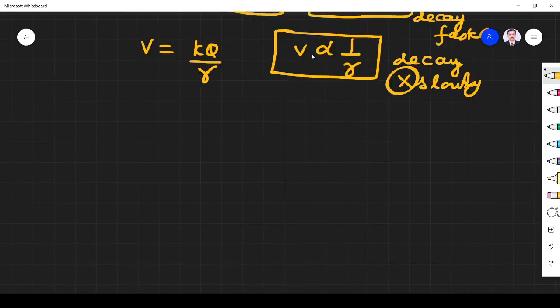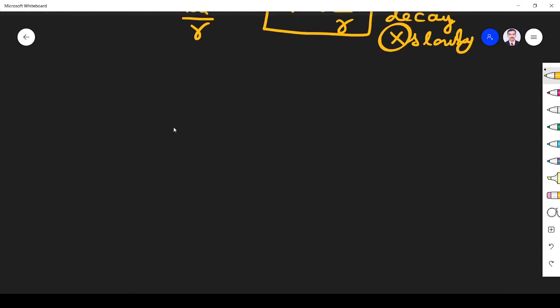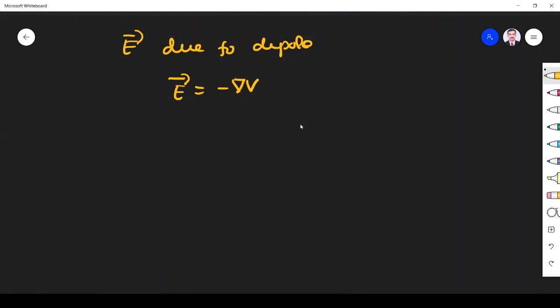Now we will see what is the electric field due to dipole. So we got the potential. To find the E due to dipole, what we have to do? We know one simple formula, the relationship between E and V: E is equal to minus del V. It is a potential, so we go for spherical symmetry. For spherical coordinates, we have to write the gradient of the potential.